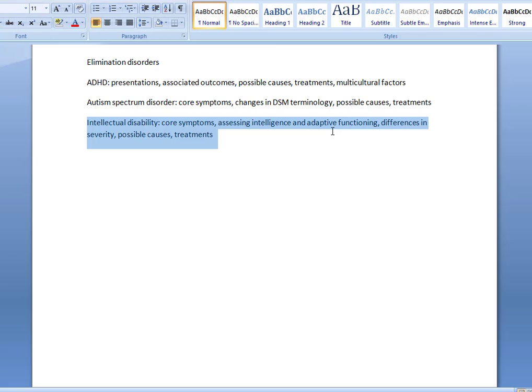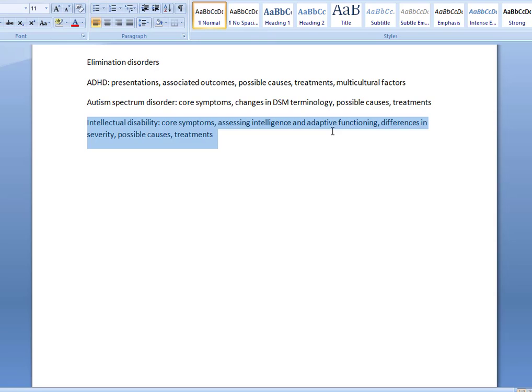Now, there's a range, as with most disorders, a range of severity. And on the milder end, many individuals who have an intellectual disability have a mild intellectual disability because of environmental issues, things like problematic school environments or just understimulating environments at home, that kind of thing.